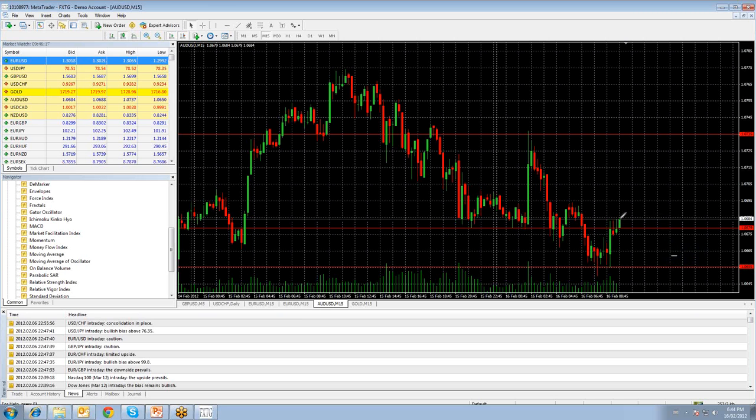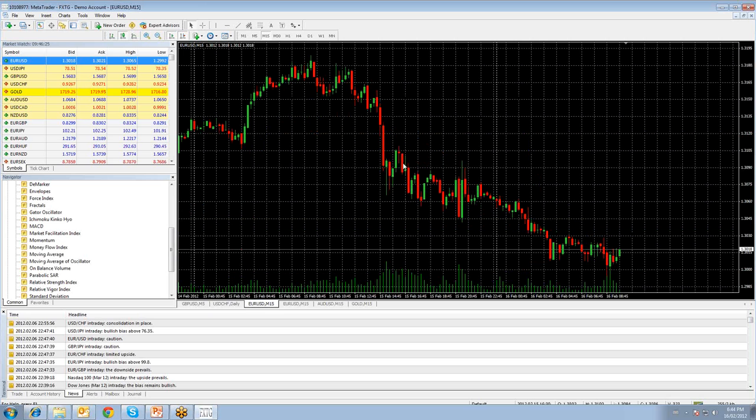Does anyone have any questions in regards to this and how I've picked it? Would you like me to do it on another chart? I should do it on another chart. We'll pull up a Euro USD. Okay, this is a great chart to actually do it on. So on Euro USD, if I had to draw a pivot, I would say the pivot would be quite central.